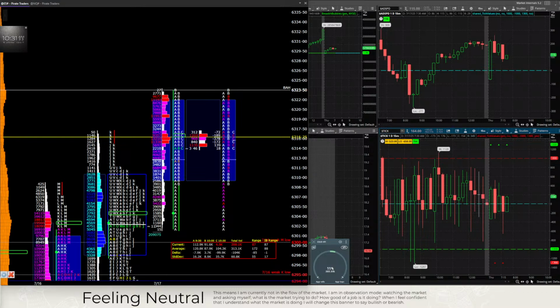Gold is not as interesting to me because it doesn't have the same patterns that the ES has. What you have to understand about the ES is it's not one single entity. Take an individual stock like Tesla, right? Anything can happen on any given day. One little piece of news and that whole thing can flip and reverse. It can be very random.